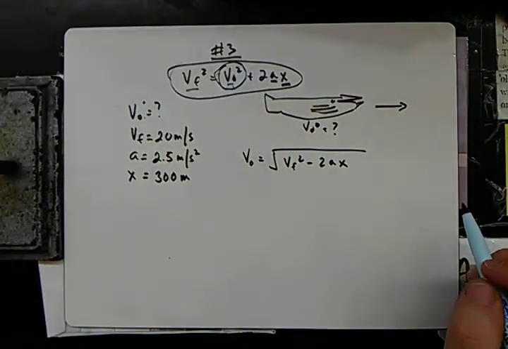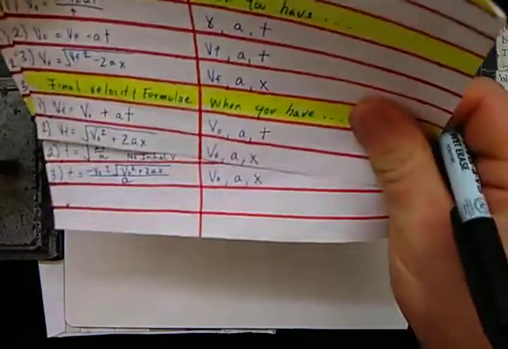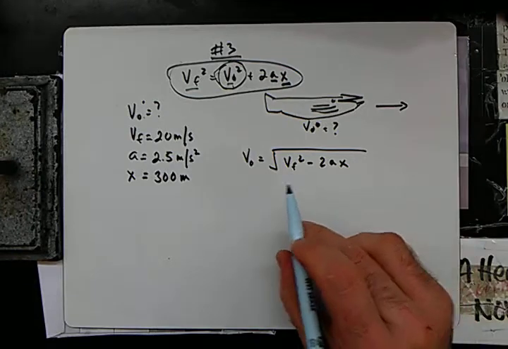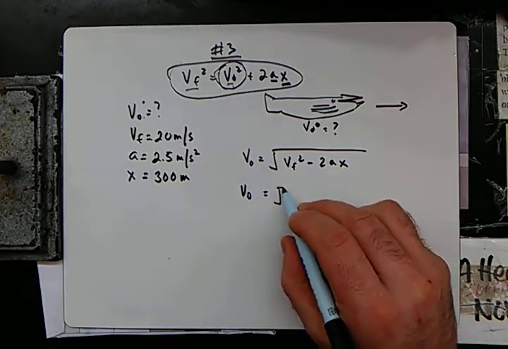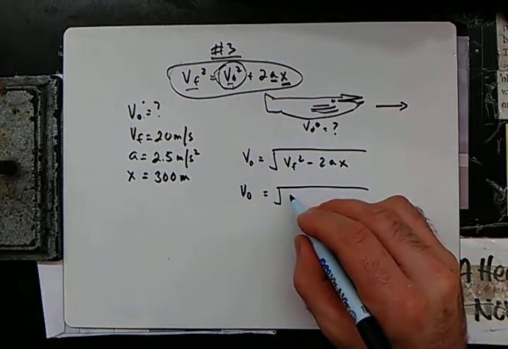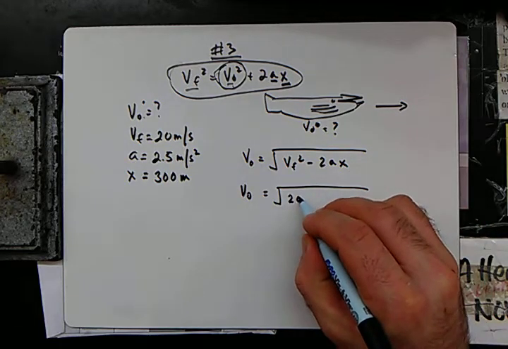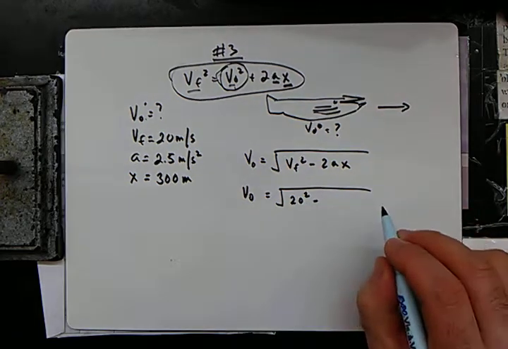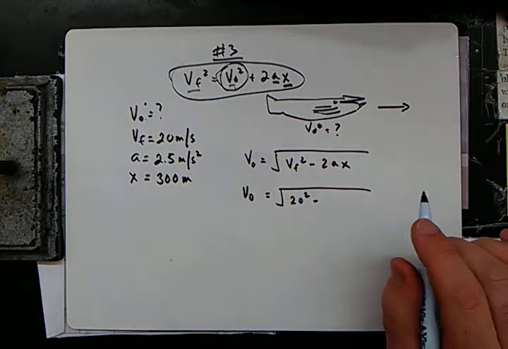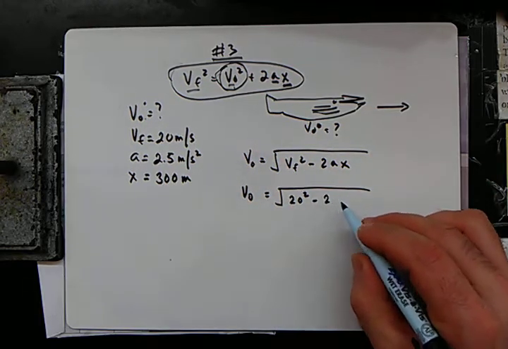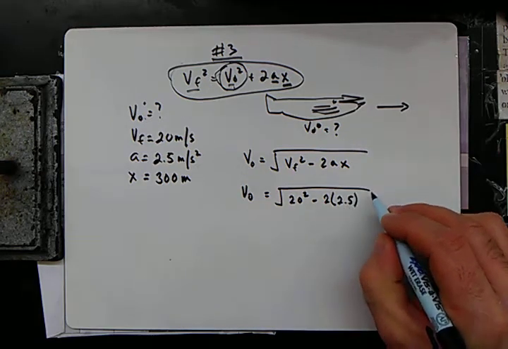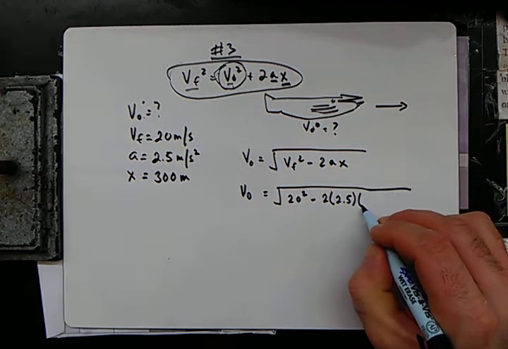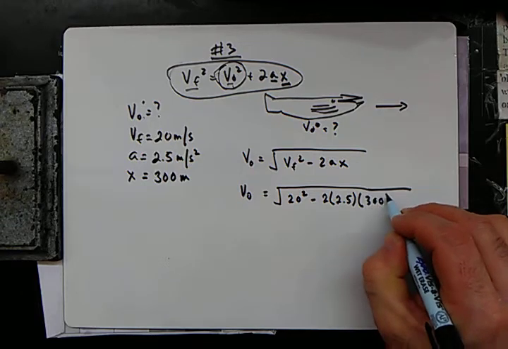This is where it becomes very useful. Initial velocity is, under the radical, VF squared. Let's leave the units out to make it simpler; we know it will work out based on the formula. Minus 2, acceleration is 2.5, and X is 300.